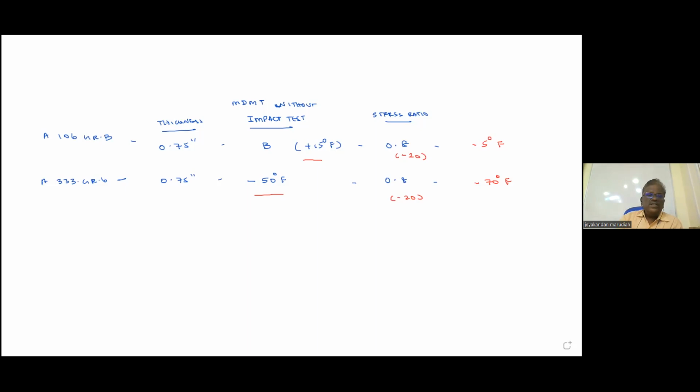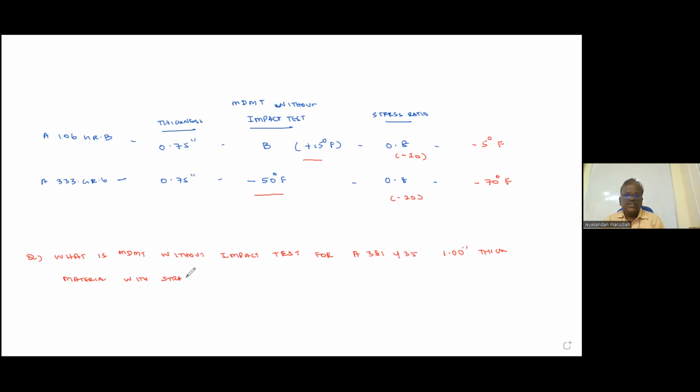The question is, what is the MDMT without impact test for A381 Y35, 1-inch thick material, with the stress ratio 0.7.